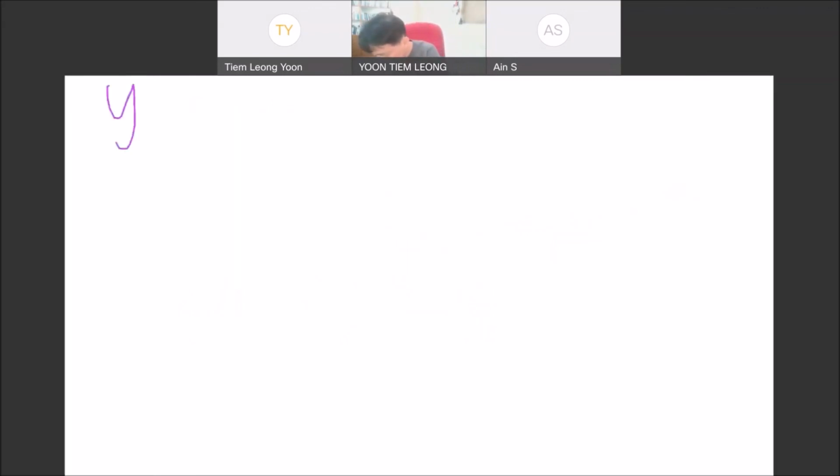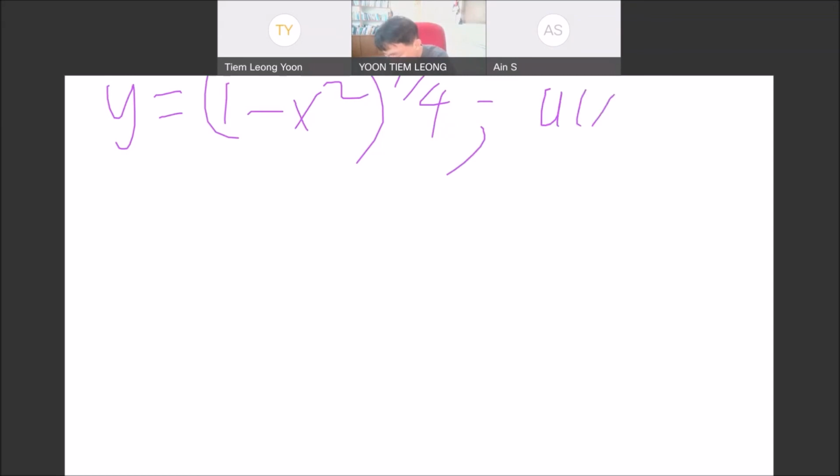So let us call y equal to 1 minus x squared raised to the power of 1 over 4. You can use the chain rule to do this. If you are fast, then you can do this quite fast. If you're not so fast, then you have to do it step by step. So maybe I'll demonstrate the chain rule again. I call u(x) the inner function, 1 minus x squared, and then I define an outer function as u to the power of 1 over 4.